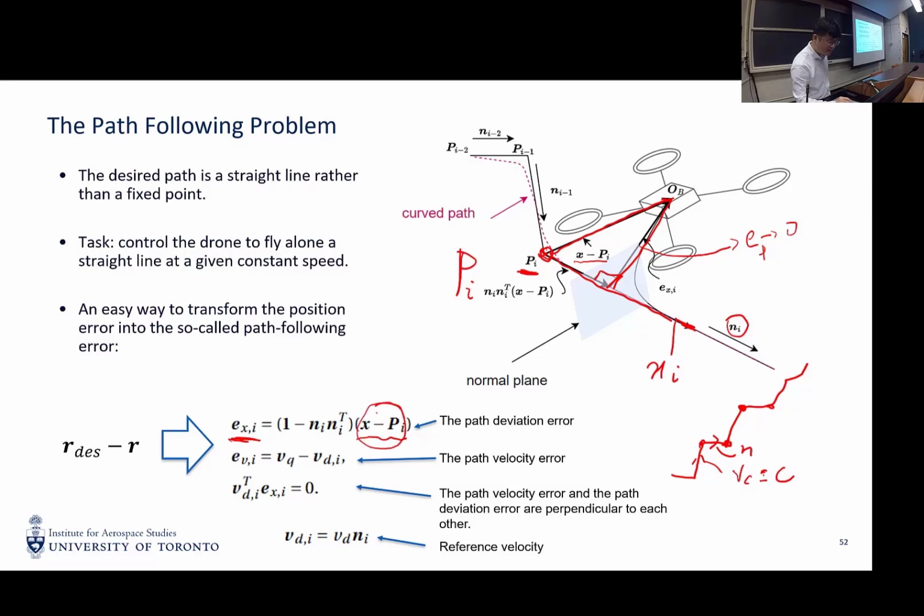So our position error is no longer a simple subtraction. It is the position error from the starting point multiplied by this matrix.